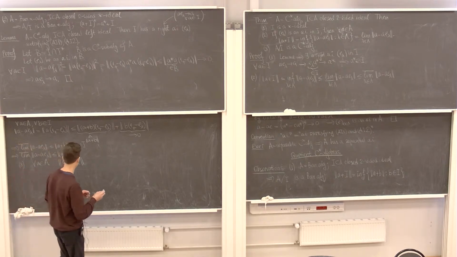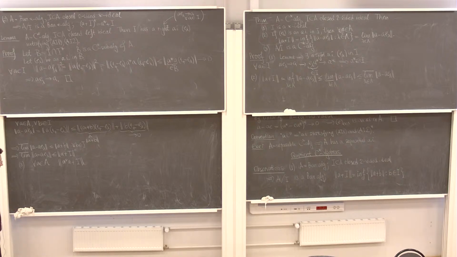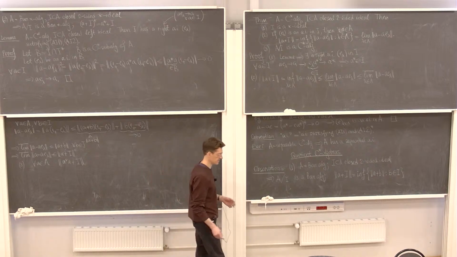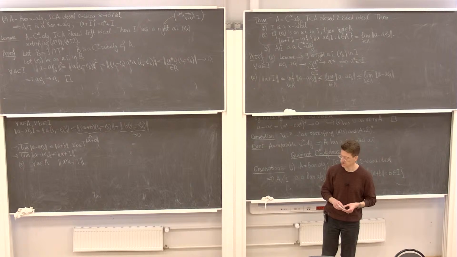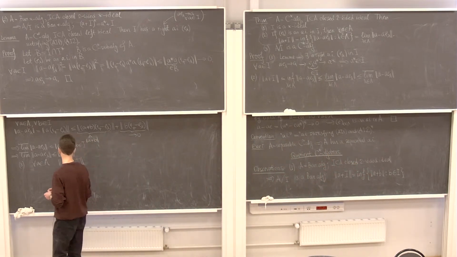Because this was an exercise some time ago that if the norm of A star A is less than or equal to the square of the norm of A, then this automatically implies the C star axiom and automatically implies that the involution is isometric. We want to prove this inequality.